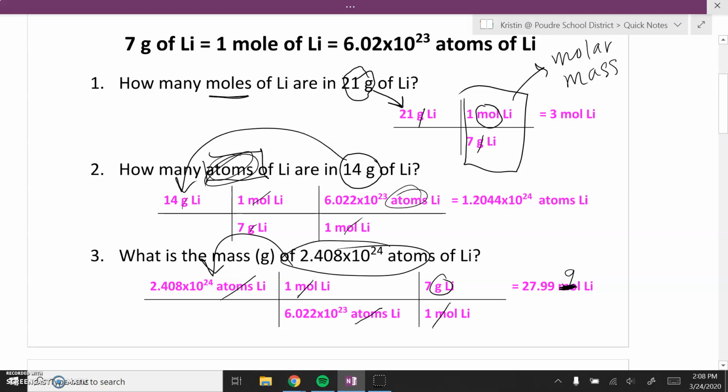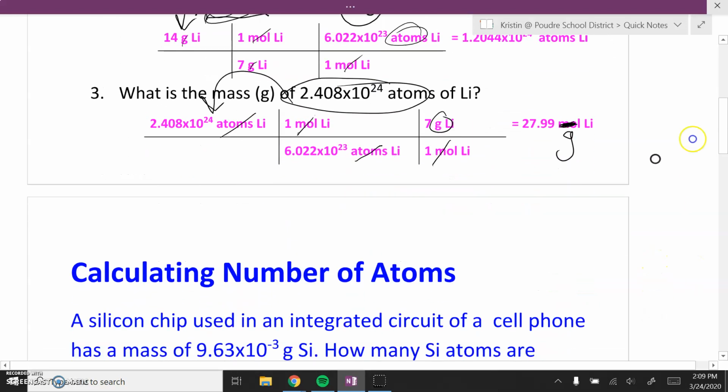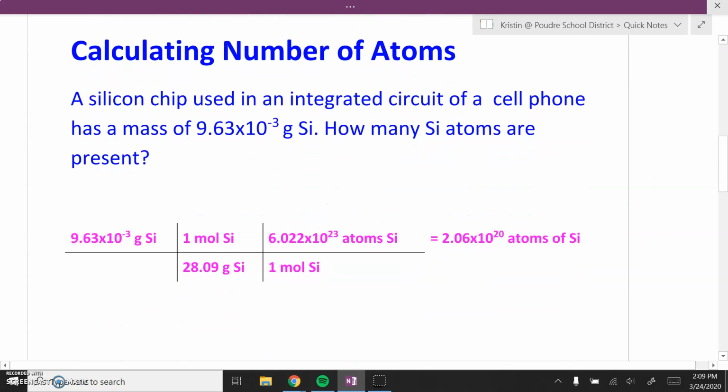It wouldn't be a presentation for me if there wasn't at least like 7 things wrong with it. Okay, anywho, so you should be getting 27.99 grams of lithium. Grams. Okay. So then moving on to this next section, calculating the number of atoms.